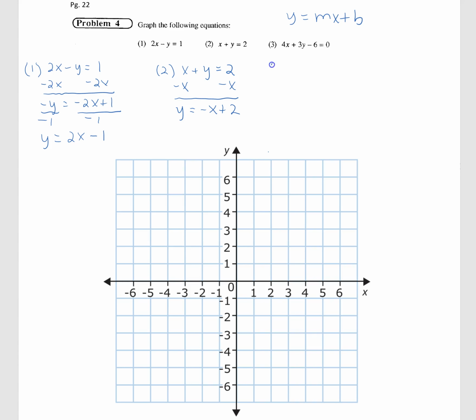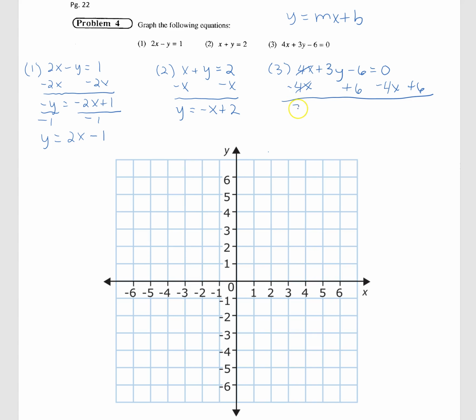And in equation 3, what I have is 4x plus 3y minus 6 equals 0. And in this case, I'm going to subtract 4x on both sides. And I'm also going to add 6 on both sides, just to do this all in one step.